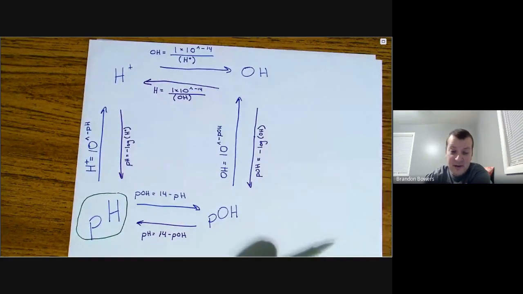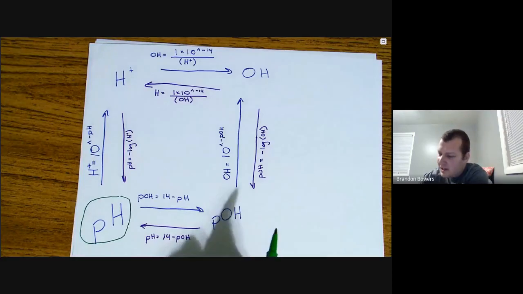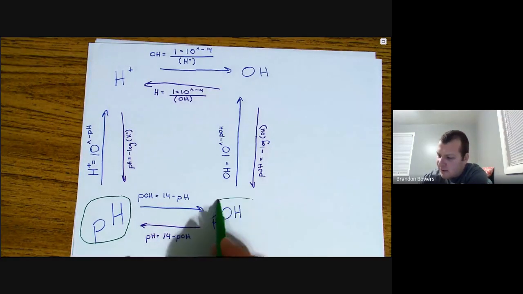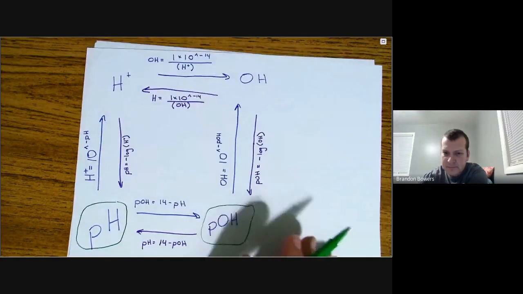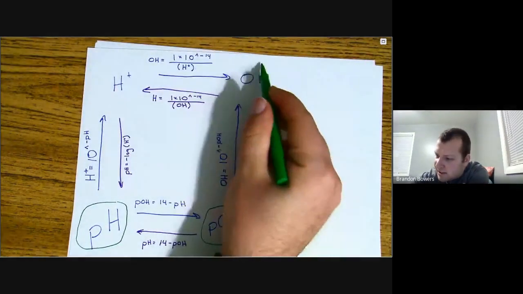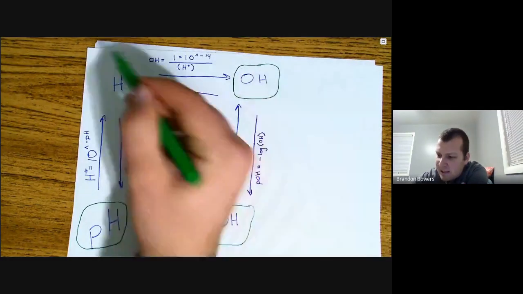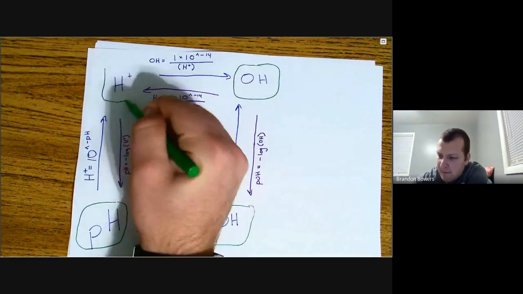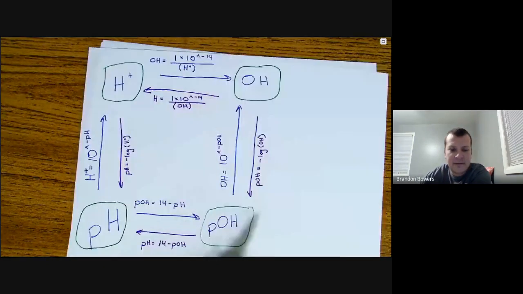I got pH in the bottom left corner and pOH in the bottom right corner. I got OH- in the top right, and I got H+ in the top left.